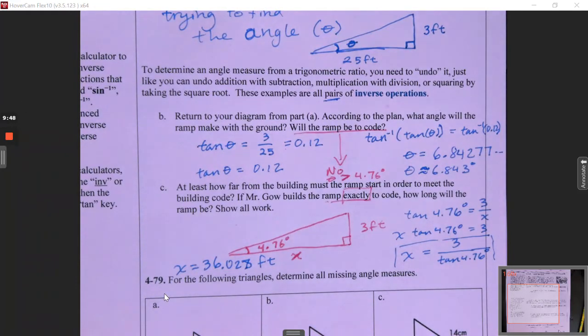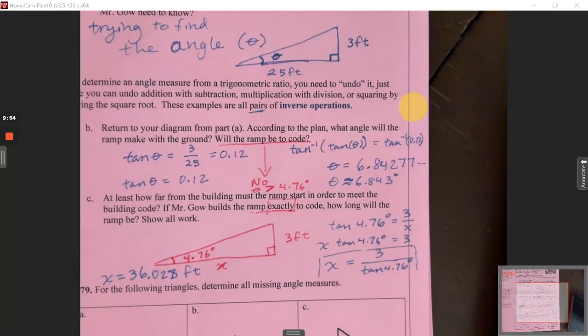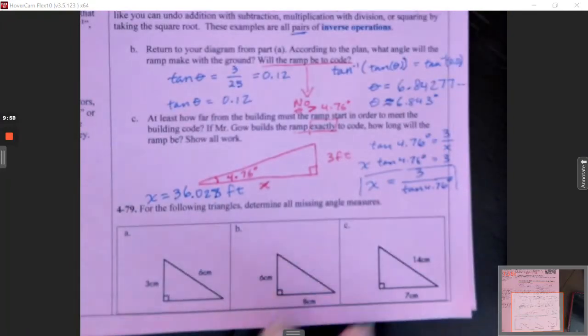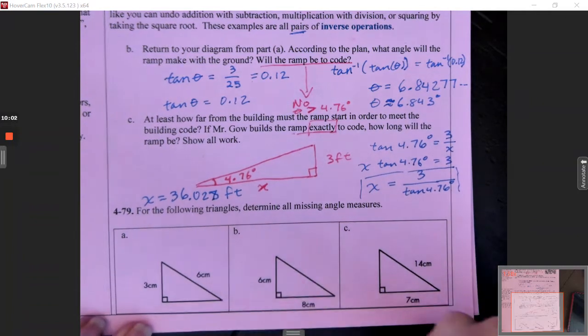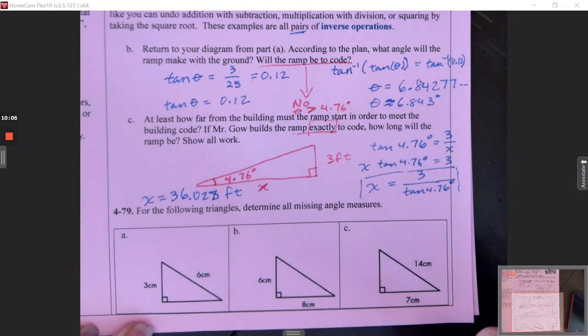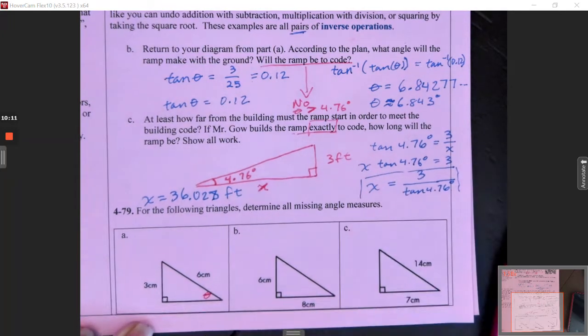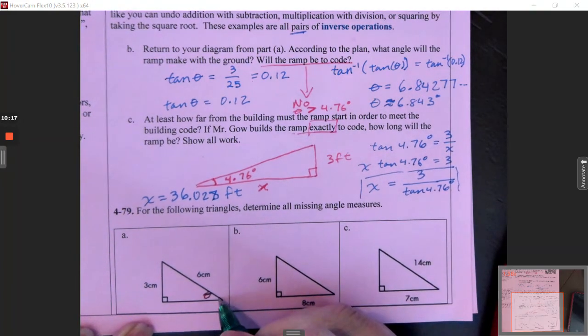If this is my missing angle, I'm going to be using sine of theta equals 3/6, which is 1/2. I know all my missing angle measurements. So I take the sine inverse of 1/2.